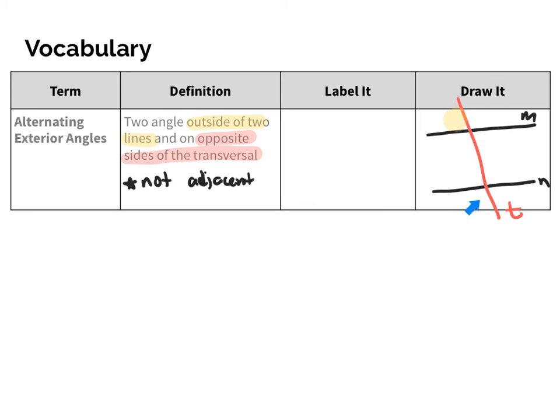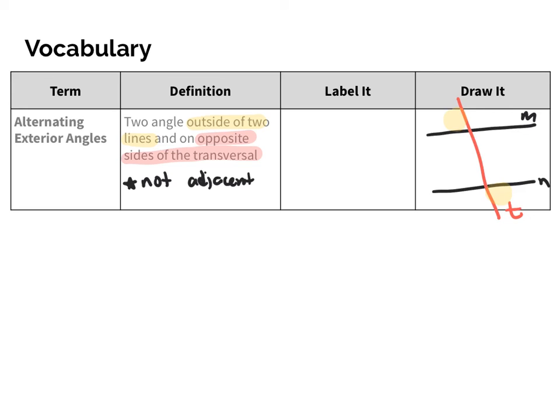So here, this one would be on the same side of my transversal. So what I'm going to look at is the angle right here. That is on the opposite side of the transversal. They are not between, but they are on the outside of the two lines, and they're also not adjacent. They are not next to each other.